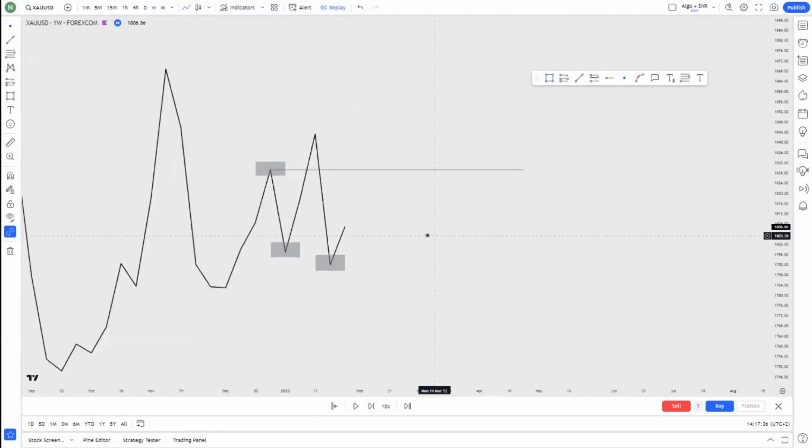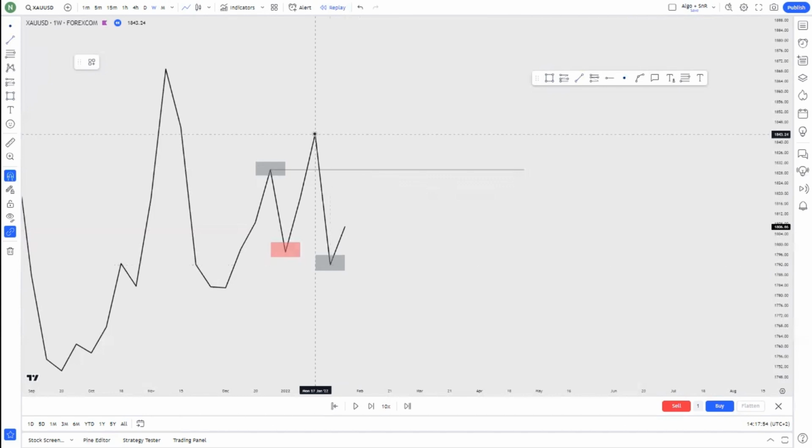Then by doing so also, you see that here, this becomes a V that failed to hold this support right here, that failed to present bullish price, and now is failing to give us what? Bearish price action.